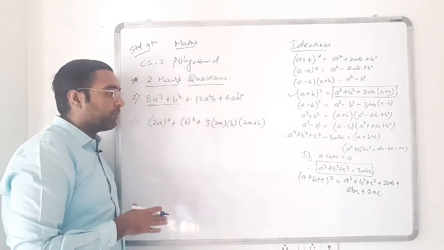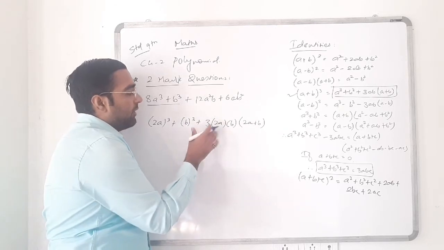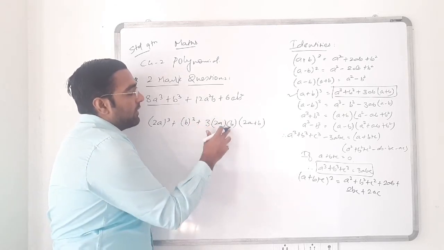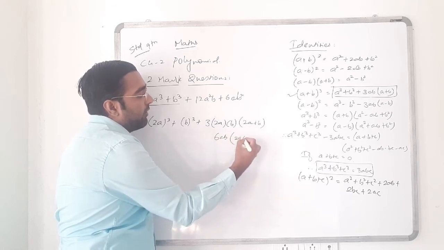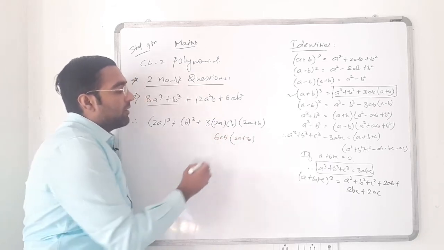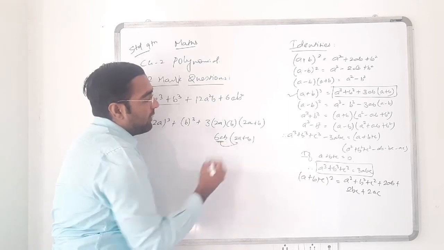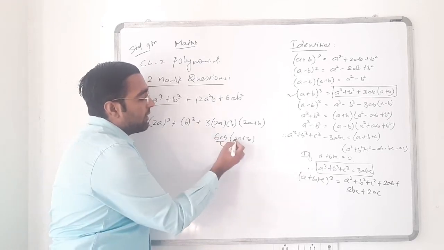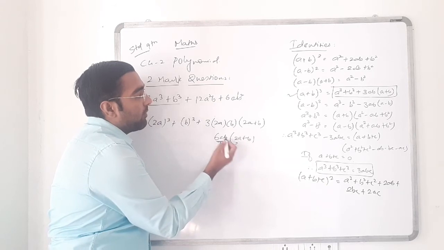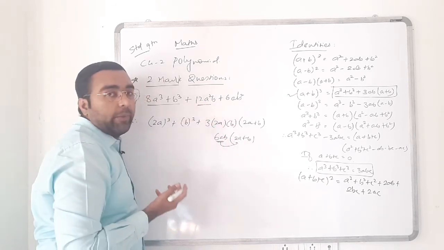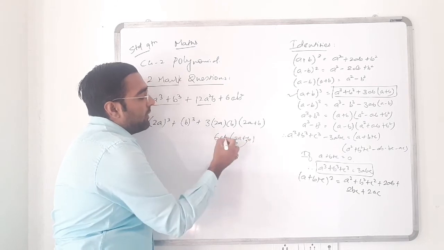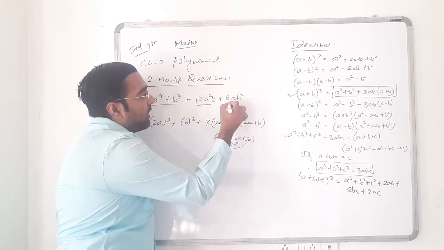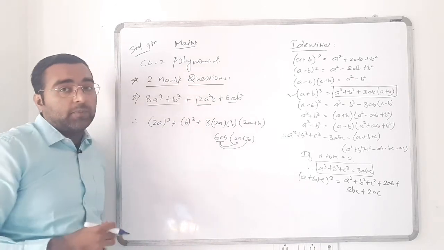Now I have to verify that the identity used here is correct or not. Here you are seeing 3 times 2ab, that is 6ab, and in the bracket that will be 2a plus b. Now 6ab multiplied with 2a will be 12a square b, and 6ab multiplied with b will be 6ab square, which are also formed here. Clear?